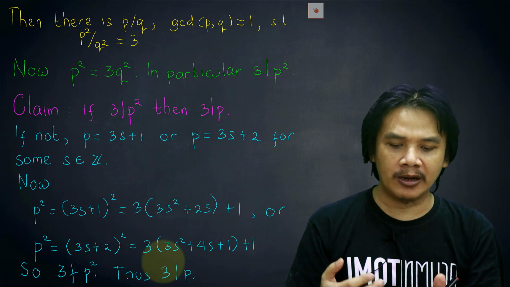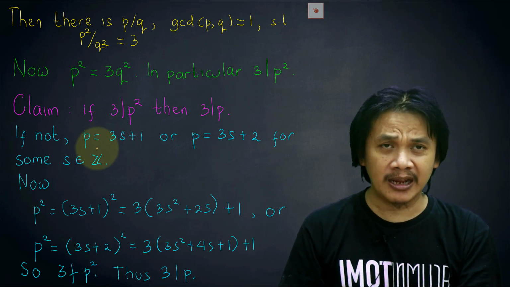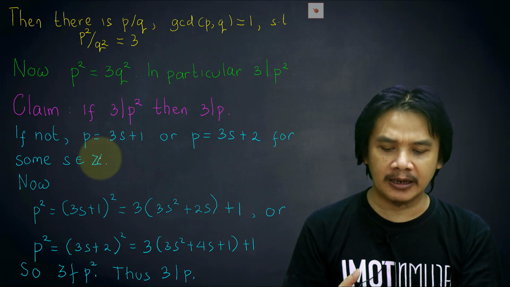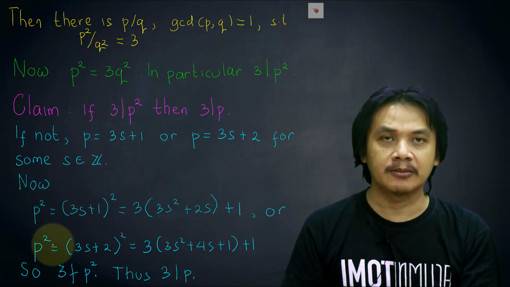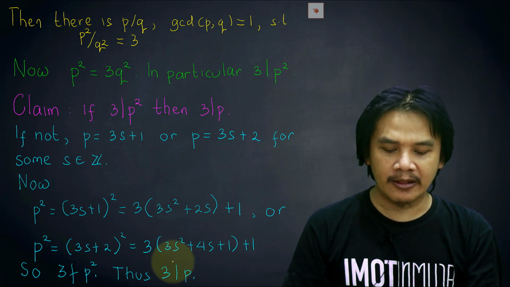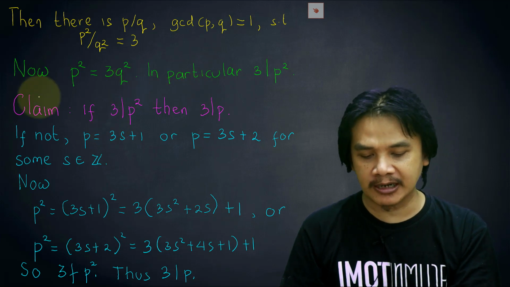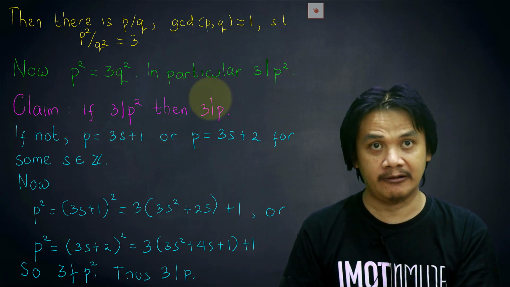Therefore, if 3 does not divide p, then p squared is not a multiple of 3. So we must conclude that 3 divides p, which means that our claim is correct.